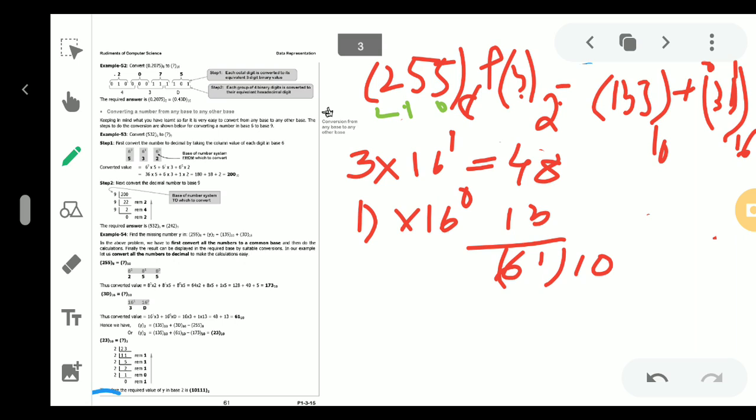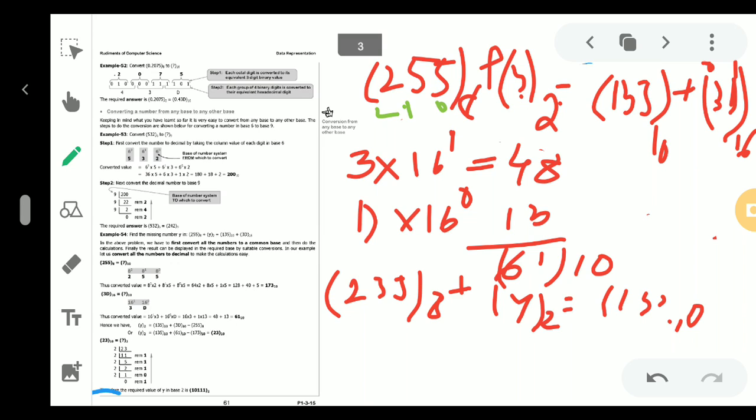So right now what we can do is, the question is saying, up to this it is clear. So the question says 255 base 8 plus y of 2 is equal to 135 base 10 plus 3D base 16.